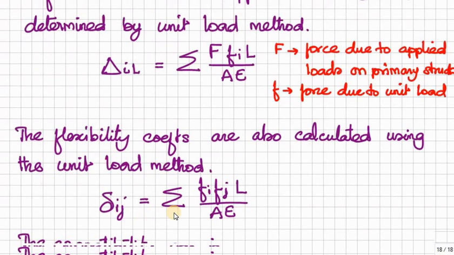So it is equal to summation of fi, that is the force in each member due to the unit load at the ith coordinate. Similarly, fj is the force due to unit load applied at the jth coordinate.